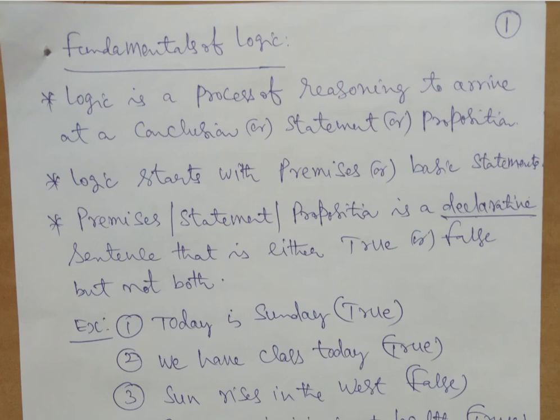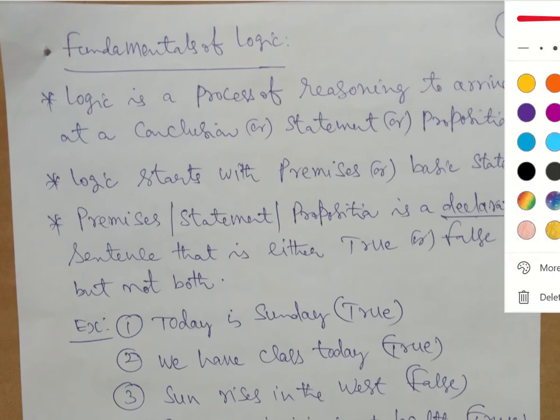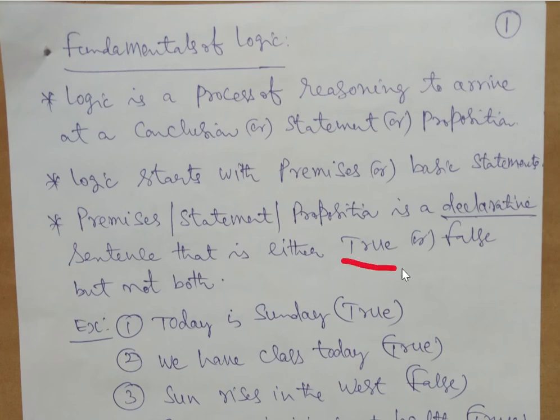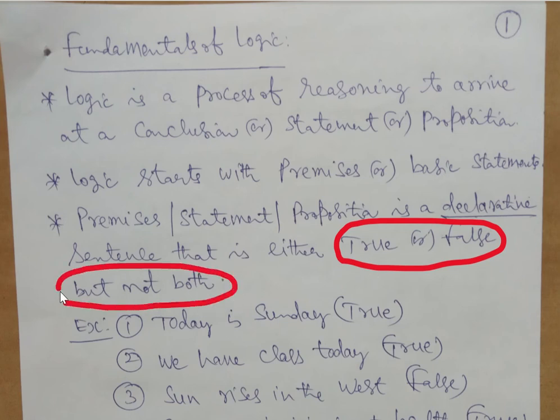You should be very careful here. It can be a sentence, no doubt, but the sentence should give a final outcome; it should be either true or false. If a statement cannot be identified as either true or false, then we never say that it is a premise, statement or proposition. It cannot be both, and it cannot be something other than true or false.